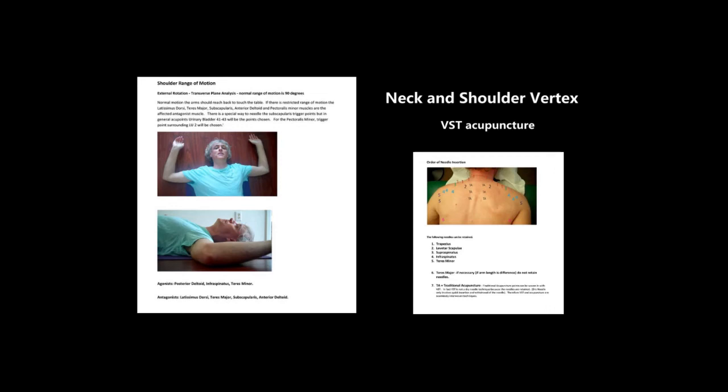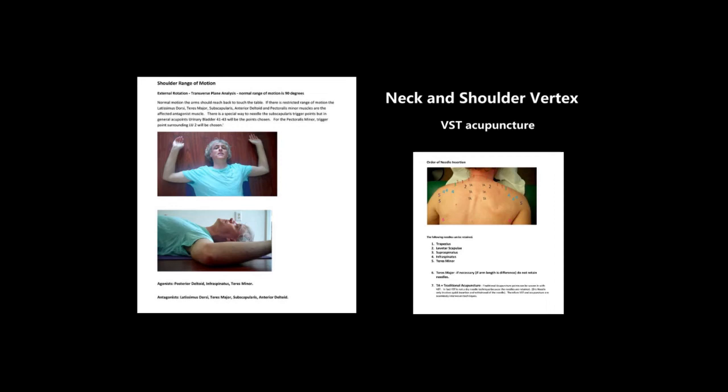If there is restricted range of motion, the latissimus dorsi, teres major, subscapularis, anterior deltoid, and pectoralis minor are the affected antagonist muscles. I'm going to show you how to needle the subscapularis muscle in just a moment with trigger points. But in general, urinary bladder points 41 to 43 will be the chosen.